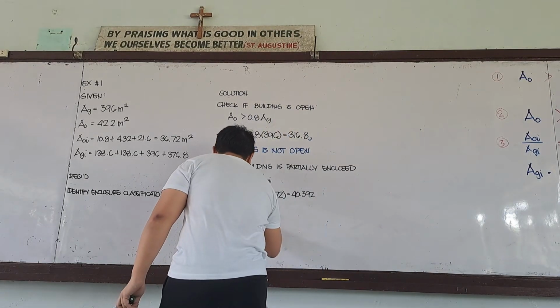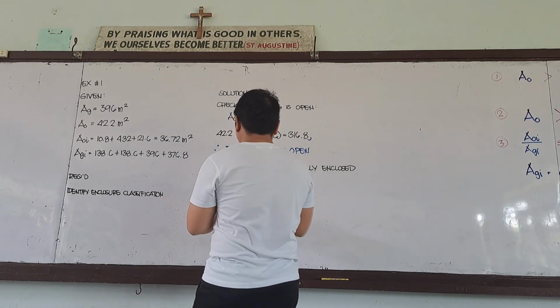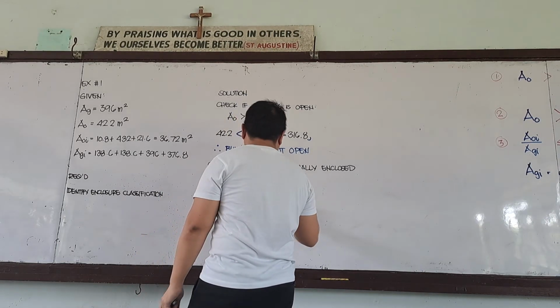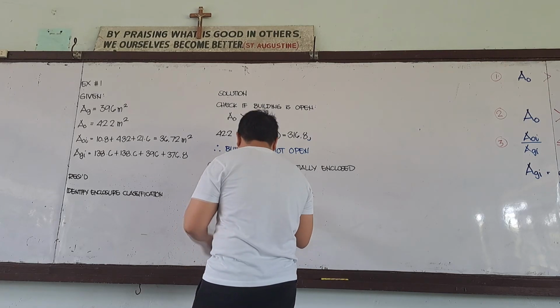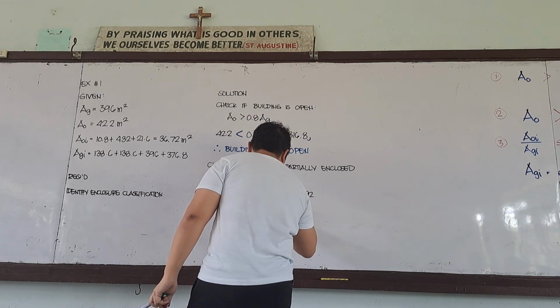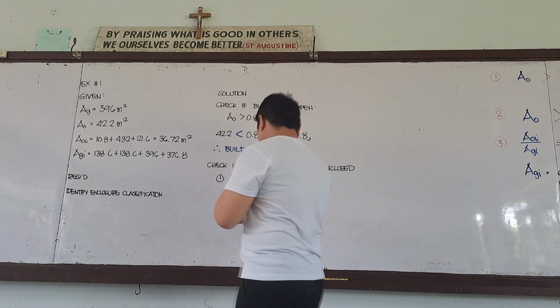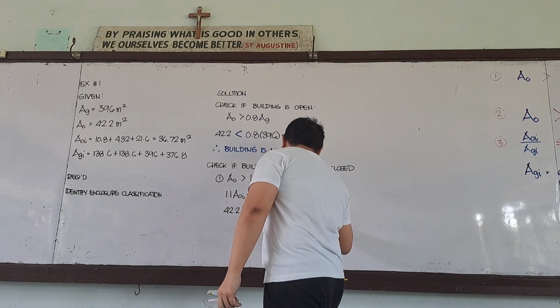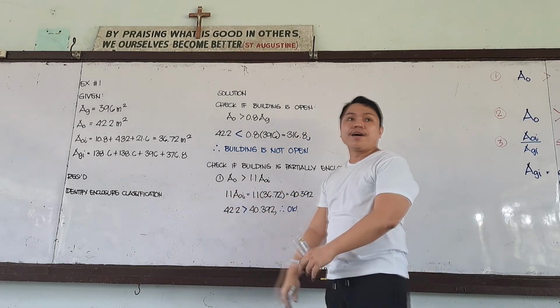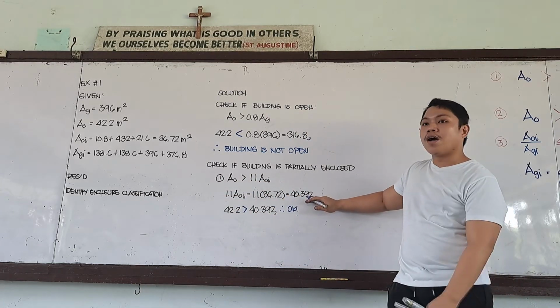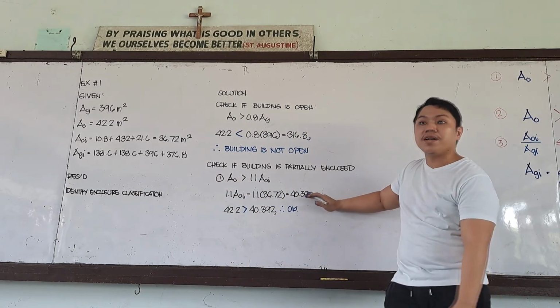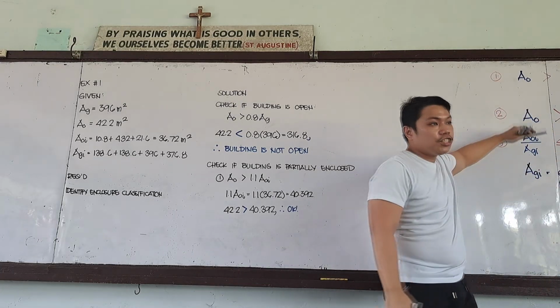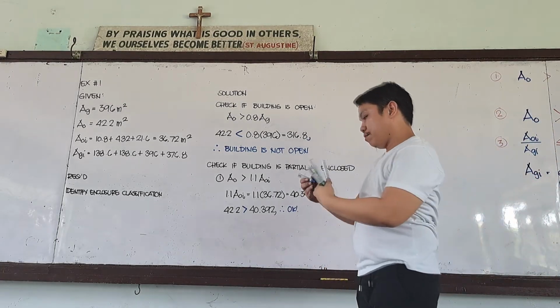So it is greater than 40.392. Therefore, okay for the first condition. But this doesn't signify yet that it is partially enclosed, because all conditions must be met.